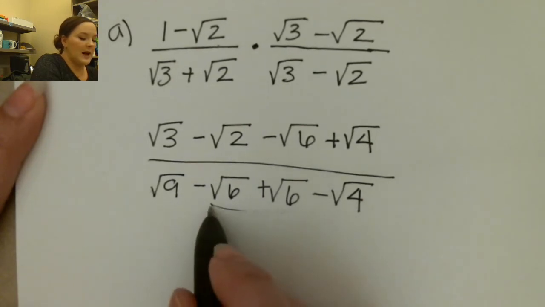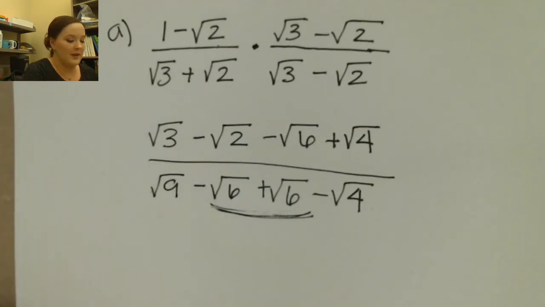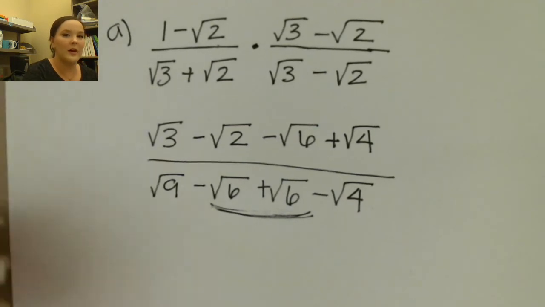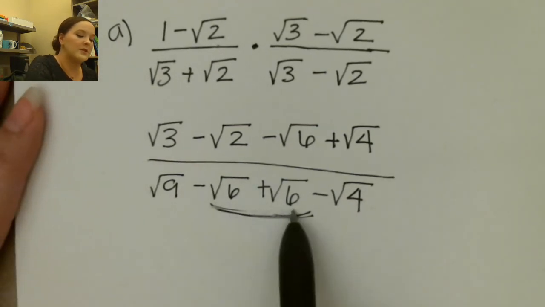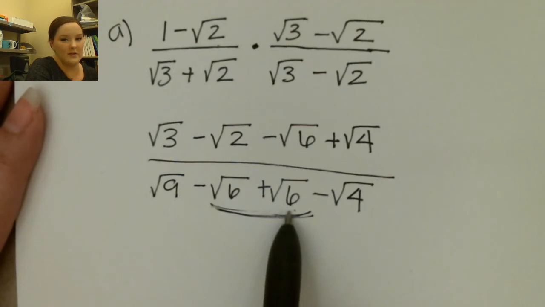If you look at what's happening with these two terms, they are going to cancel out. That's the point of this method. When you use conjugates, you are always trying to get rid of what are called the cross terms, which are these two terms from the multiplication. If you're using the correct conjugate, these two terms will always cancel out.